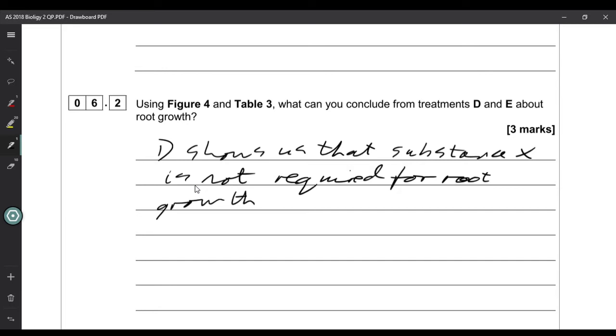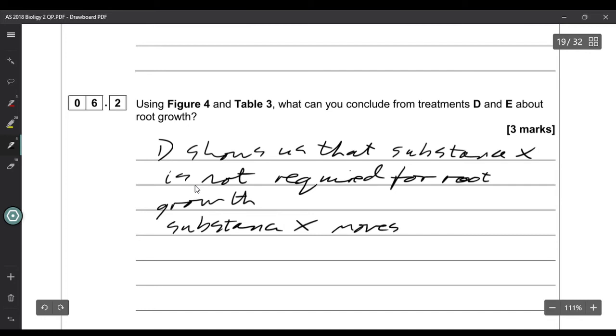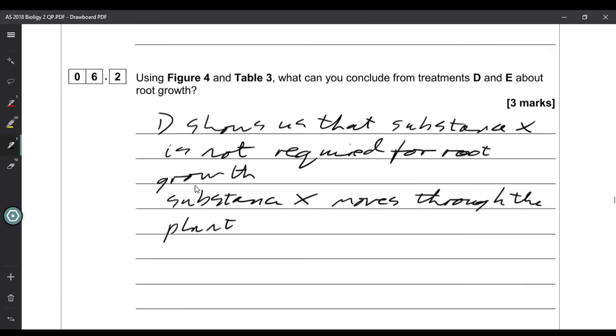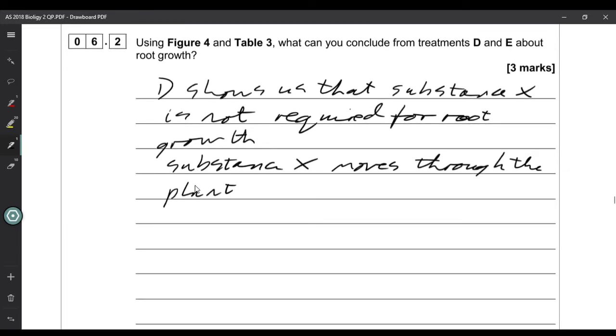We also know that substance X moves through the plant. We can tell this because the agar is right at the top of the stem, so it must be going into the stem and going through the plant to produce those roots in the plant.